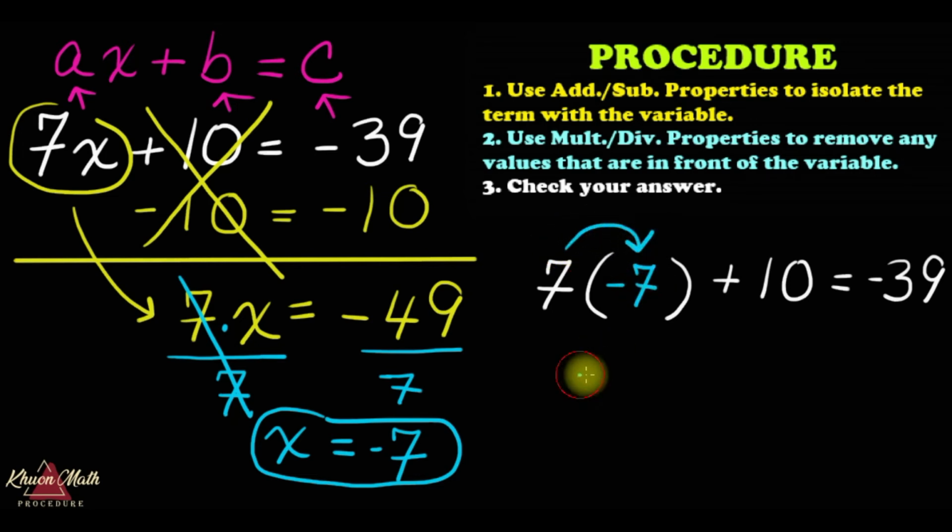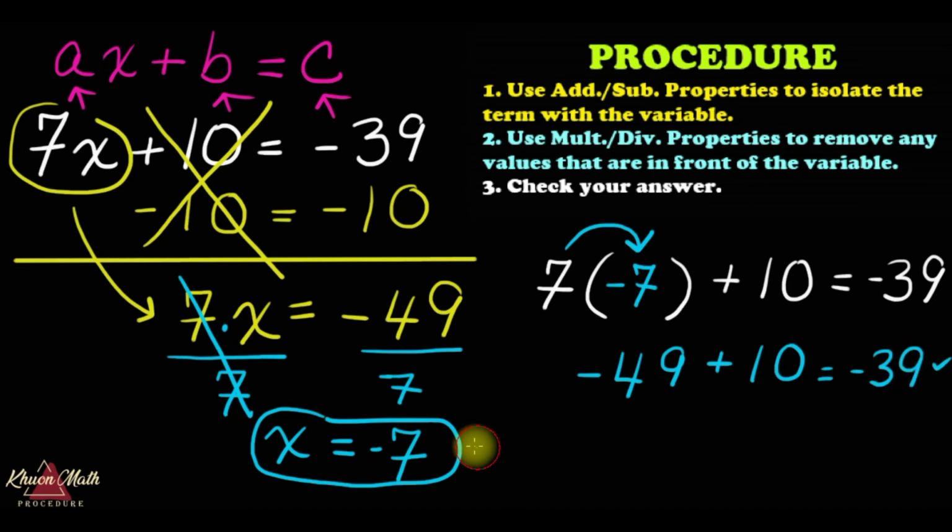Well, that's negative 49. And then plus 10. Well, negative 49 plus 10 is negative 39. Okay, so that's how we know it's right. So x is negative 7. All right, so that's how you solve an equation that is in the form of ax plus b is c.